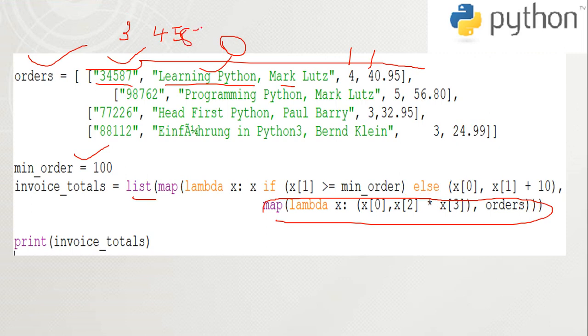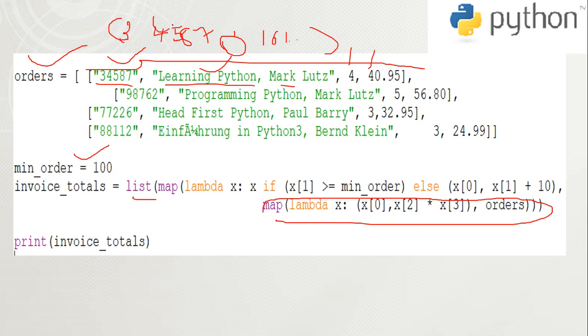Then it returns the tuple, right? 4 into 40, that is 160, I think 161 something. So this is a tuple, right? We are returning it in the form of a tuple, that is the indication.